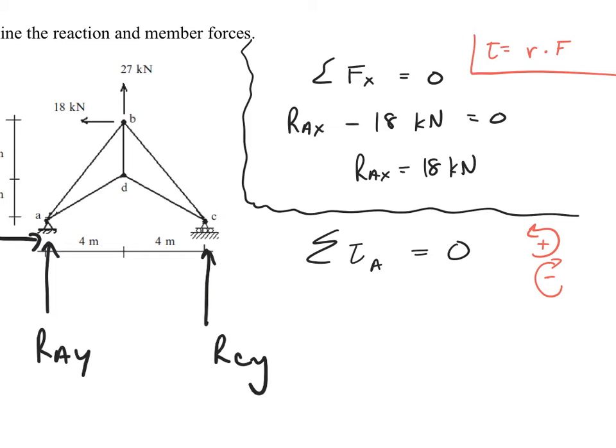And that's a 90-degree angle. So RCY is already perpendicular. I'm going to draw my R value here, and that's a length of 8. So this is going to be a distance again. 8 goes in for R in the formula right up here. The force is RCY, and it's going to cause a positive torque.